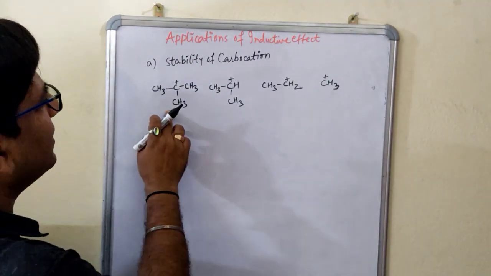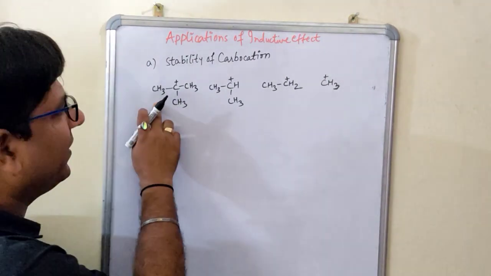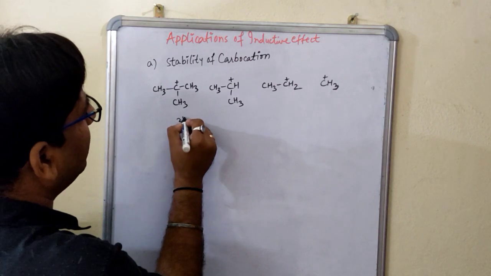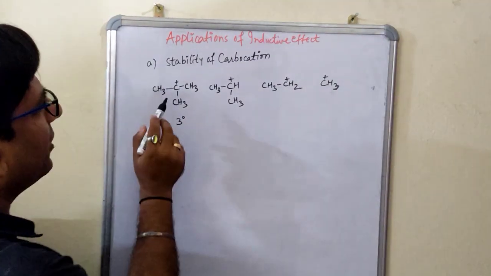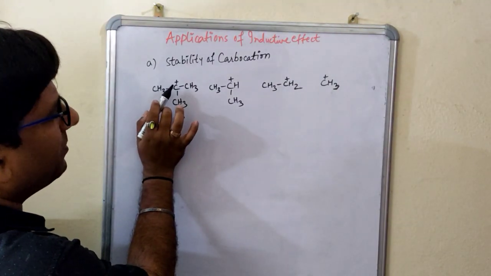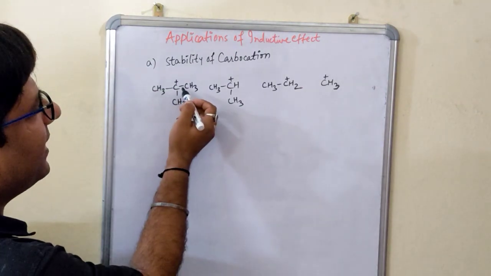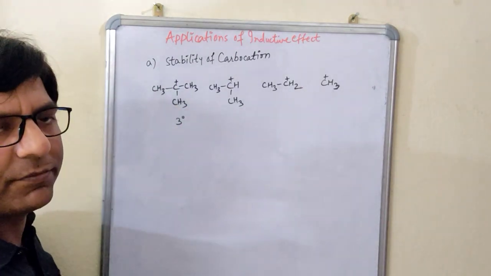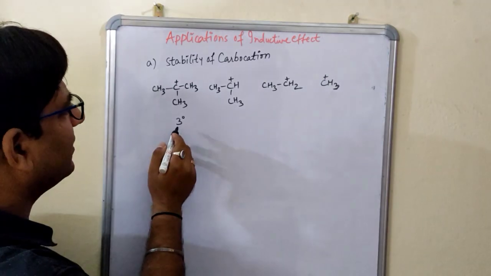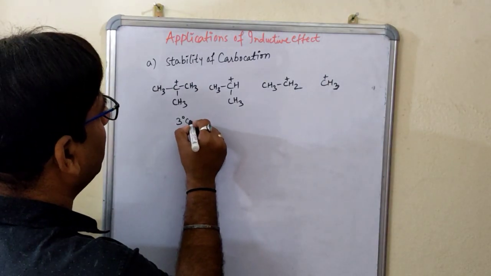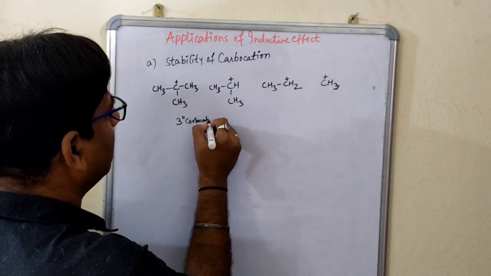This is the tertiary one, 3 degree, right? You can write 3 degree carbocation over here. How? Because this is the carbon carrying the positive charge, and it is directly attached to 3 carbon atoms. Correct? So this is known as a 3 degree carbocation.